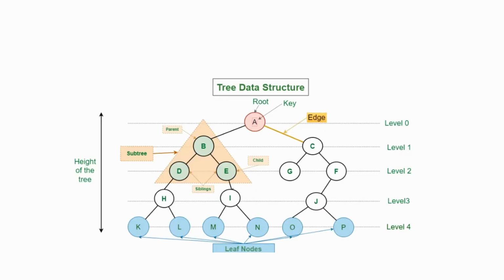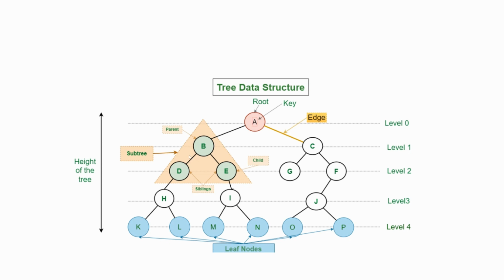So this is what it looks like. You have a root node, a mother, that gives birth to all these children. Right? No. They can be siblings. So A is a root. It has two nodes, right?